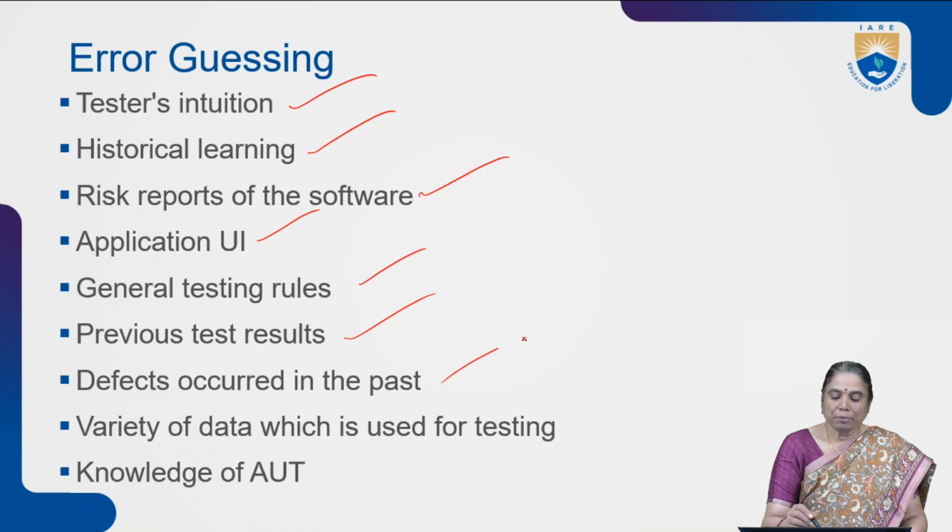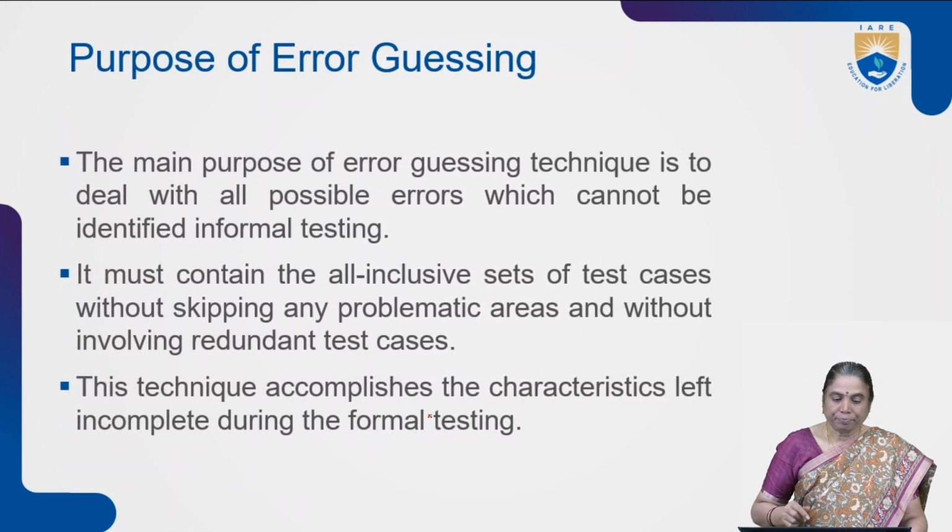Defects that occurred in the past and historic data play an important role, along with the variety of data used for testing and knowledge of the application under test. The domain knowledge and tester expertise are crucial for the error guessing technique.